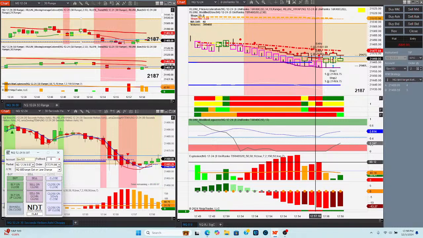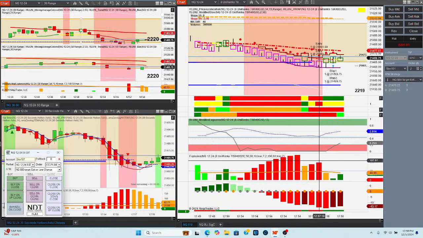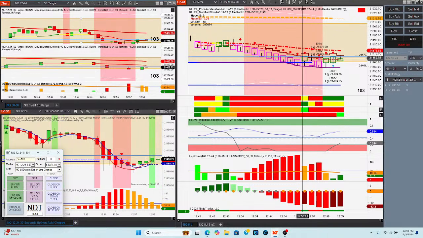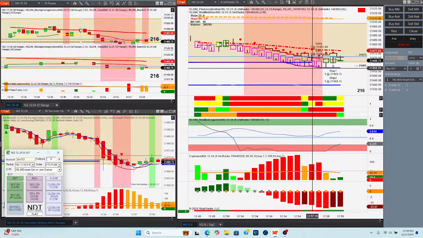Any other days, these would be really, really solid trades. Especially on a volume zone, this right here, this look, it would pop right through. Just not happening.